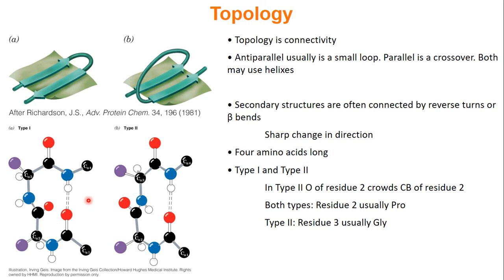And here is our image of our beta turns. We have two different types: a type 1 turn and a type 2 turn. Both types are only 4 amino acids, and you have this 180-degree turn. So if we look at type 2, if we look at residue 1 and residue 2, you can see that the oxygen of residue 2 is directly interacting with carbon beta of residue 3 here.